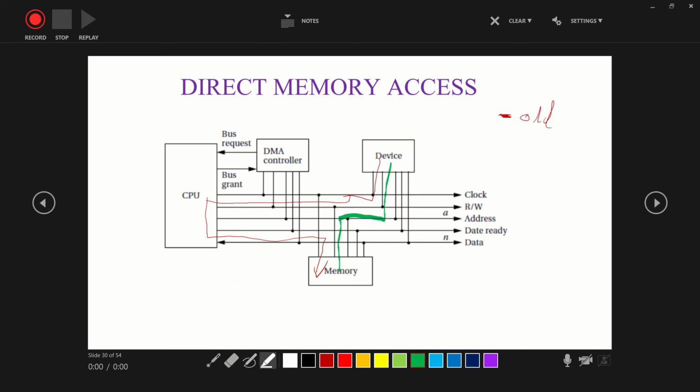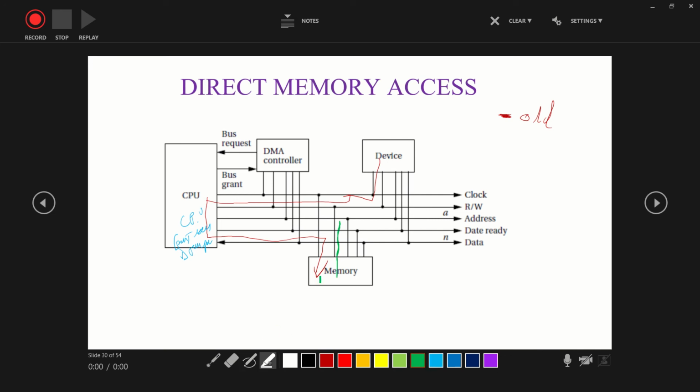So please see here, that is the main point. What is the main point? Here the CPU execution time is disturbed, but here the CPU time is not disturbed.